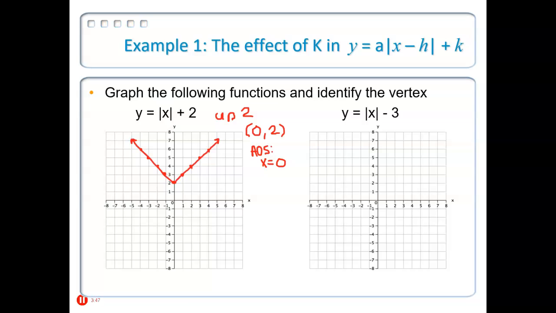Yesterday we talked about the domain. This domain is still all reals because every x value has a y. The range, however, yesterday was y greater than or equal to 0. Well, since this graph is positioned up 2 units, my range is now y greater than or equal to 2.